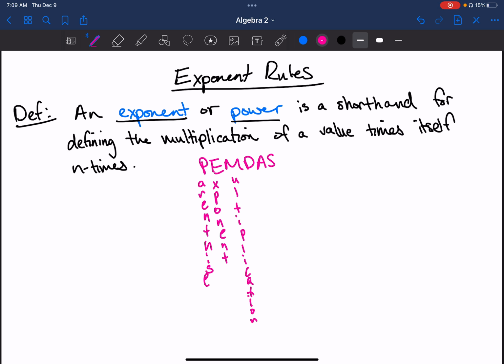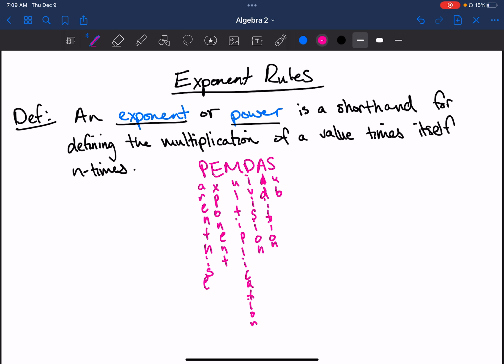Some of these words are too long. Division, addition, and subtraction. We've been working with PEMDAS for a long time. It's this middle part, it's the exponent.